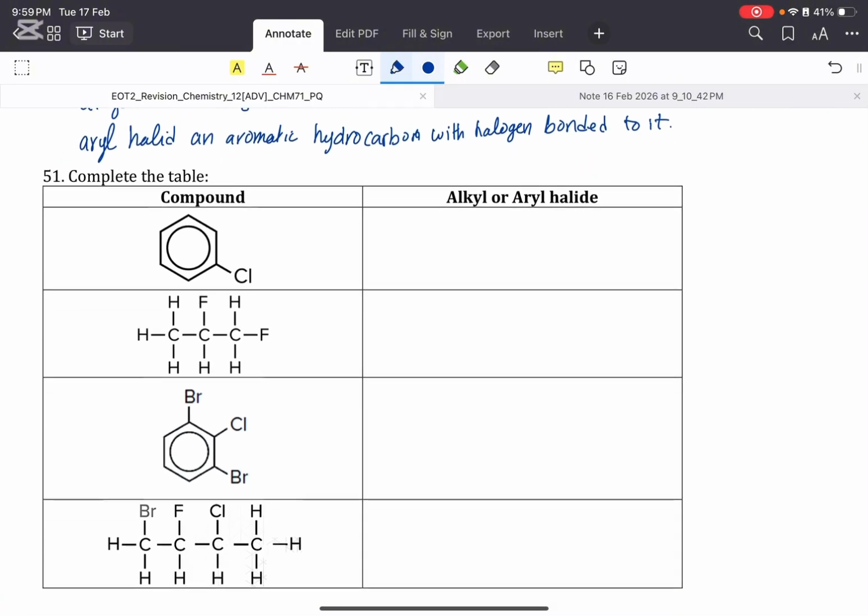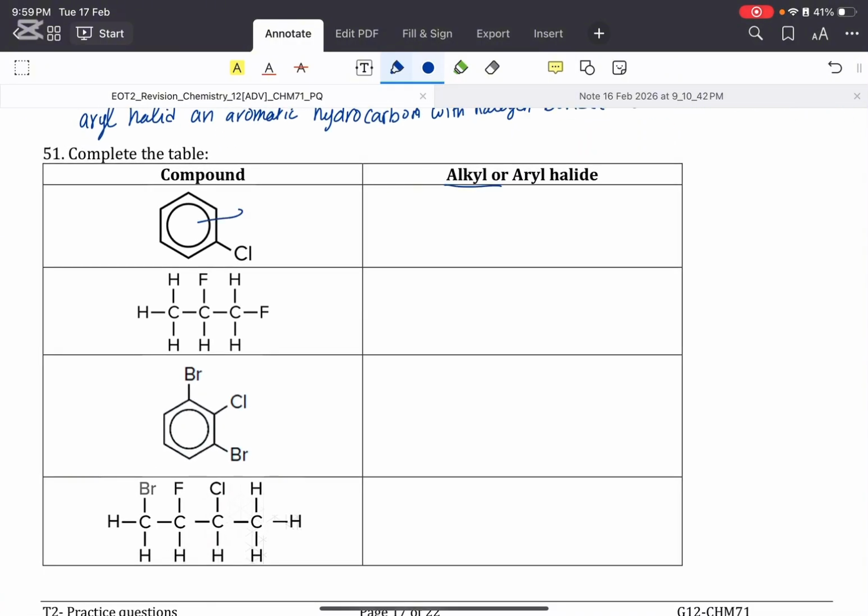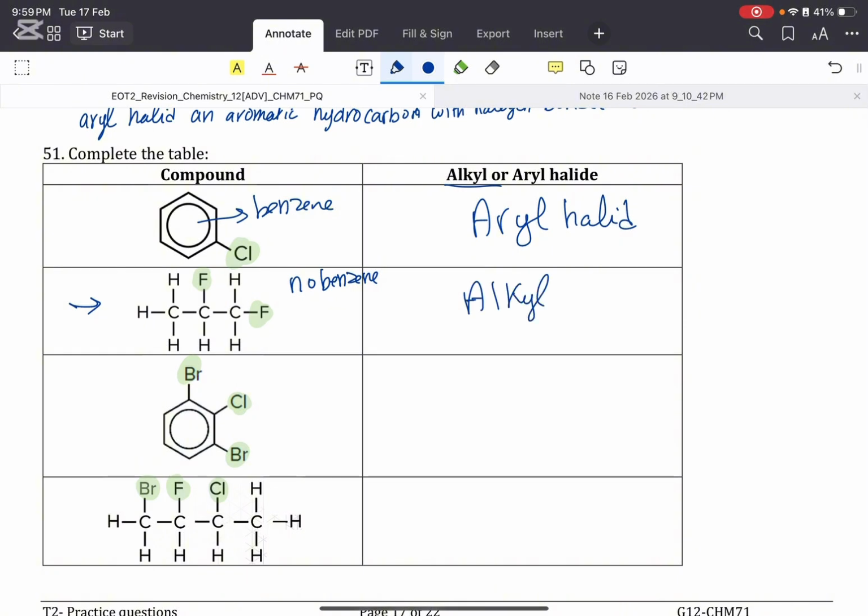So for example here, we need to classify them. That is benzene, so it's an aryl halide. I don't see any benzene, but I see the halogen. Look at the halogens, I'm going to highlight them. So in the second one, there is no benzene, so I classify it as alkyl halide.